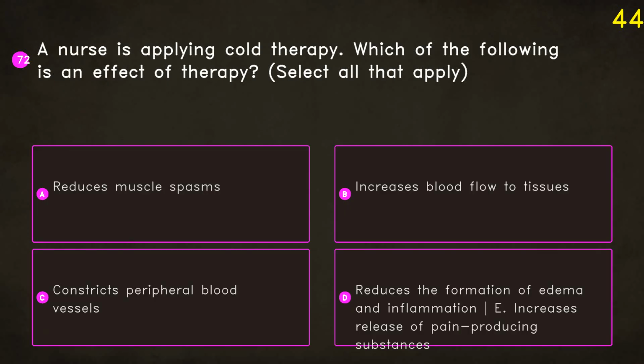Question 72. A nurse is applying cold therapy. Which of the following is an effective therapy? Select all that apply. A. Reduces muscle spasms. B. Increases blood flow to tissues. C. Constricts peripheral blood vessels. D. Reduces the formation of edema and inflammation. E. Increases release of pain-producing substances.